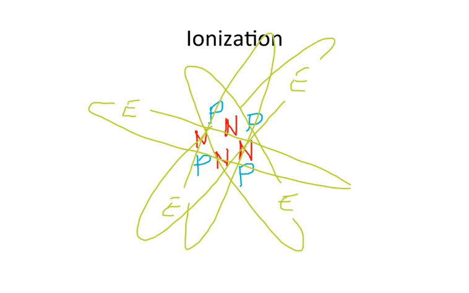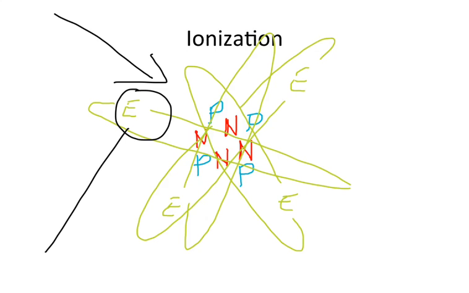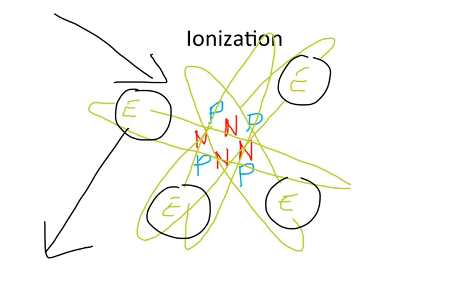Now, ionizing radiation, when it comes from the outside and strikes this atom, it will kick one of these electrons out of its orbit. And when it does that, the number of electrons in the atom no longer equal the number of protons.